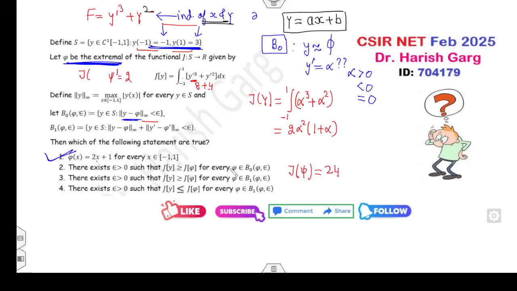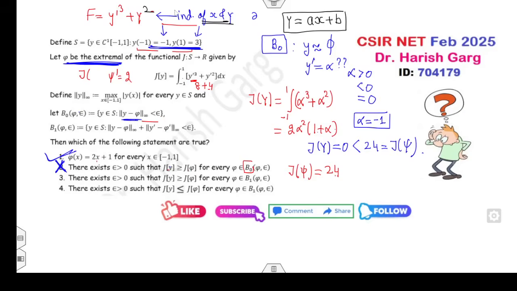Fine. Now on the curve B naught, j of y is always greater than 24, but alpha can be any number. If I choose alpha is my -1, this j of y will be 0 and it is less than 24, which is less than j of psi. The second option is cancel. Is it okay?